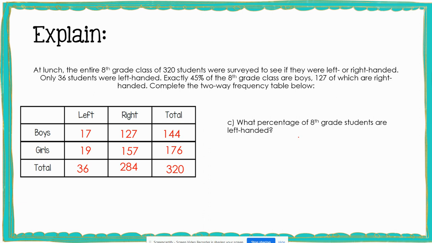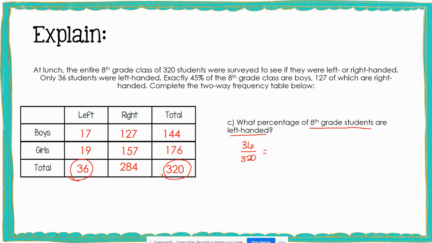C says what percentage of 8th grade students are left-handed. So this is asking for all 8th grade students. So the total number of 8th grade students is 320, and I'm looking for those who are left-handed. Well, there are 36 of those who are left-handed. So to find the percent, I'm going to do 36 over the 320.